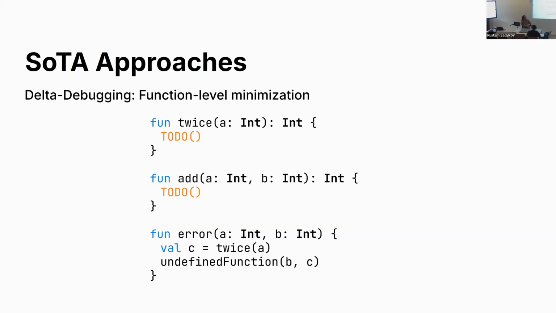And how does it work? We just get all bodies of the functions and try to replace the bodies, deleting them and replacing them with some neutral statements, like TODO statements in Kotlin. And as a result, in practice we receive only one function with a body and other functions with TODO statements.